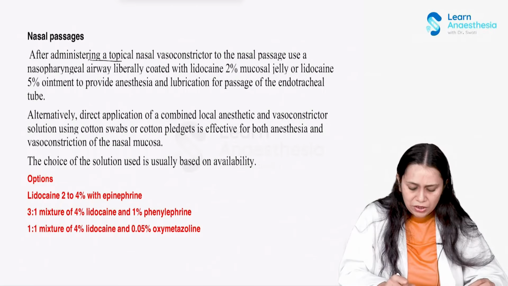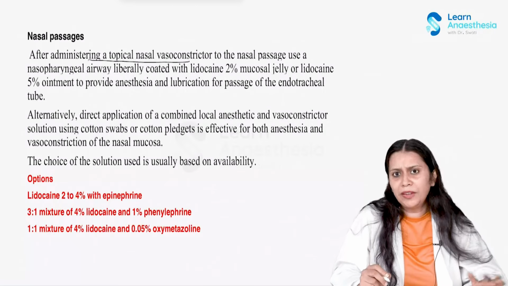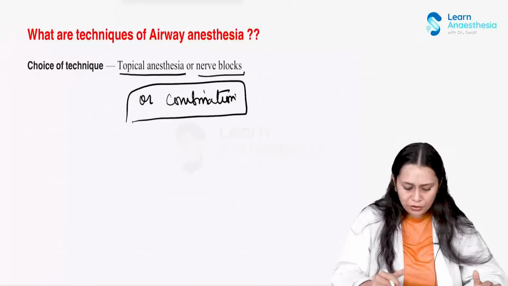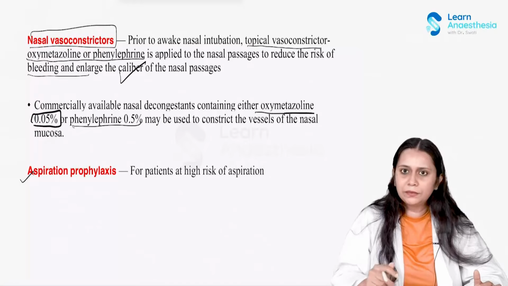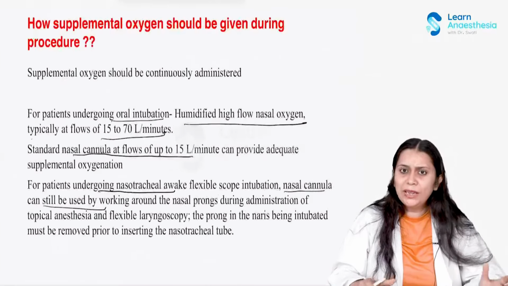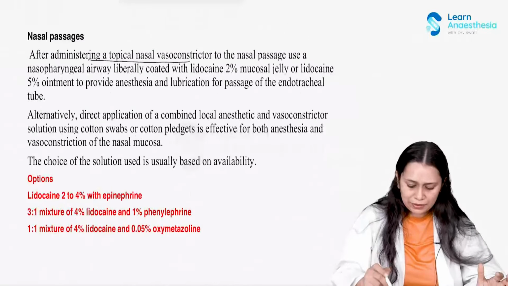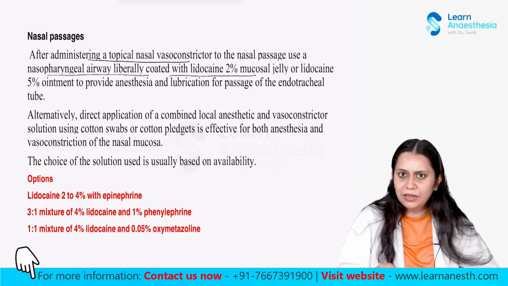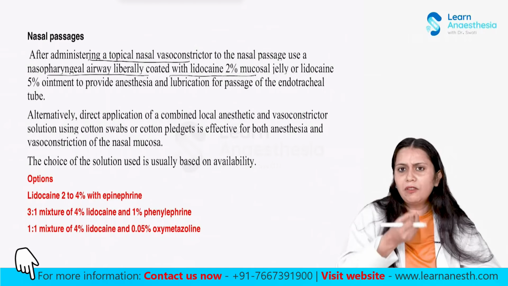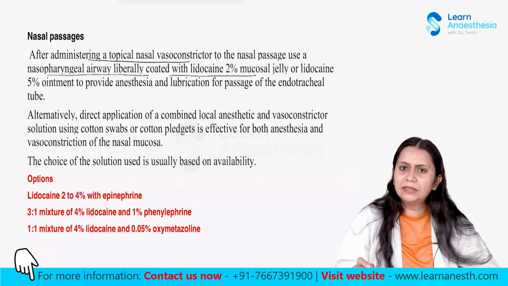So, after administering the topical vasoconstrictor, during the preparation of the patient, after application of this, we can apply the local anesthetic. Now, bilaterally in the nasopharyngeal airway, we can give 2% mucosal jelly, like lignocaine mucosal jelly. It will facilitate the passing of the fibroscope, and also it would anesthetize the nasal cavity.